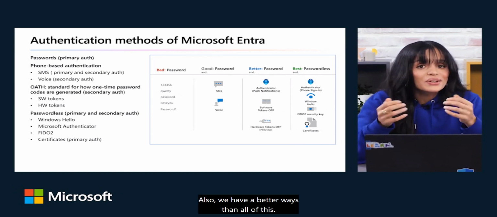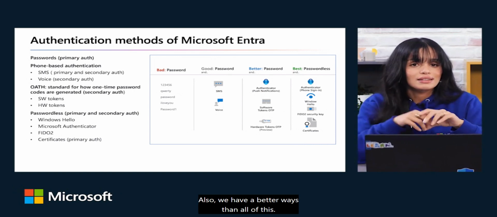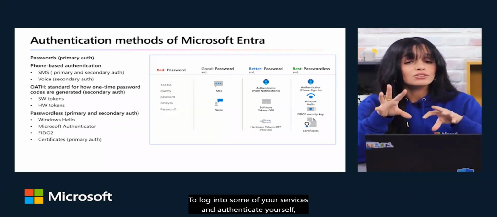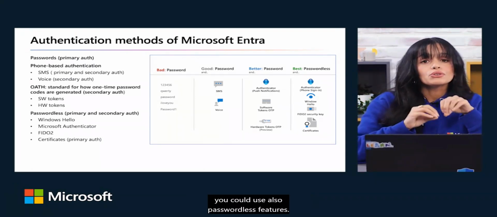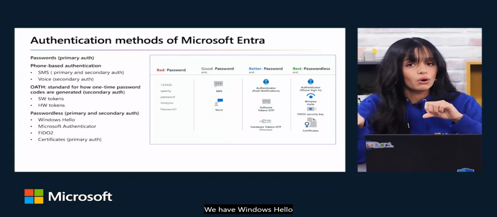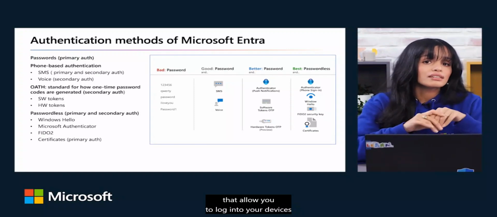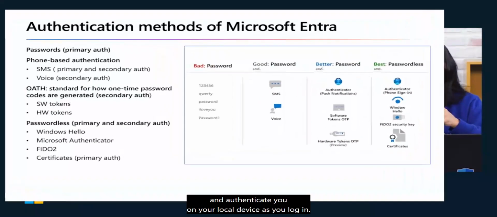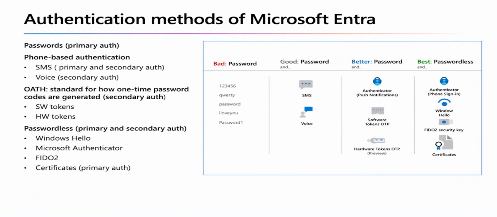Also, we have better ways than all of this. To log into some of your services and authenticate yourself, you could also use passwordless features. We have Windows Hello that allows you to log into your devices and authenticate you on your local device as you log in.